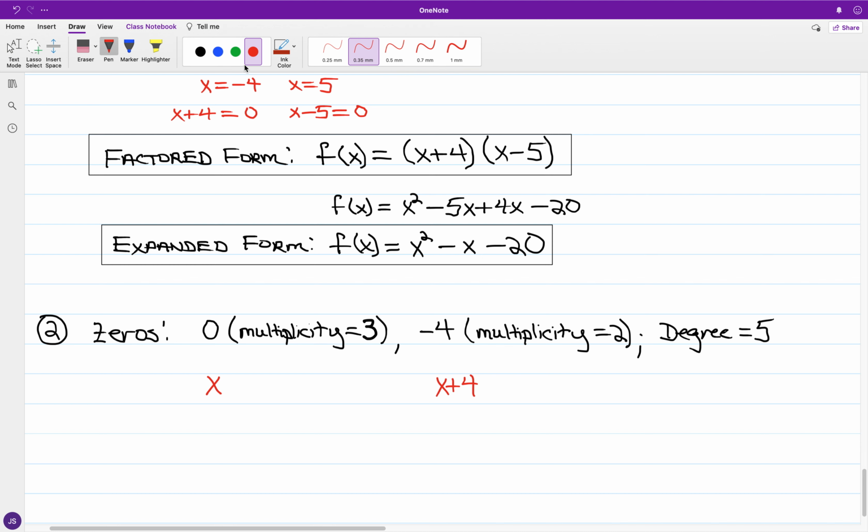So here, for 0 we have x, but with a multiplicity of 3, you have not just x, but x to the 3rd. From negative 4 we have x plus 4, but with negative 4 having a multiplicity equal to 2, we're going to have not just x plus 4, but x plus 4 raised to the 2nd power.